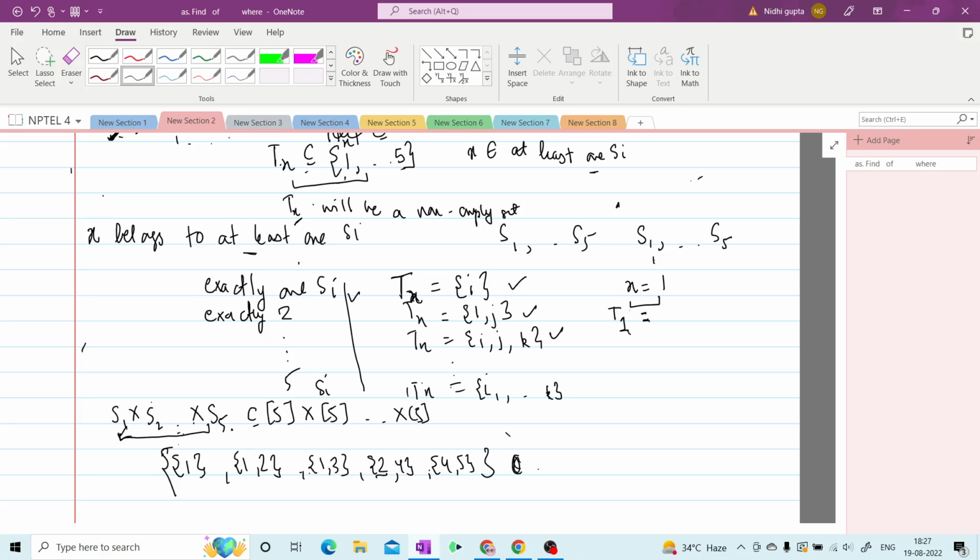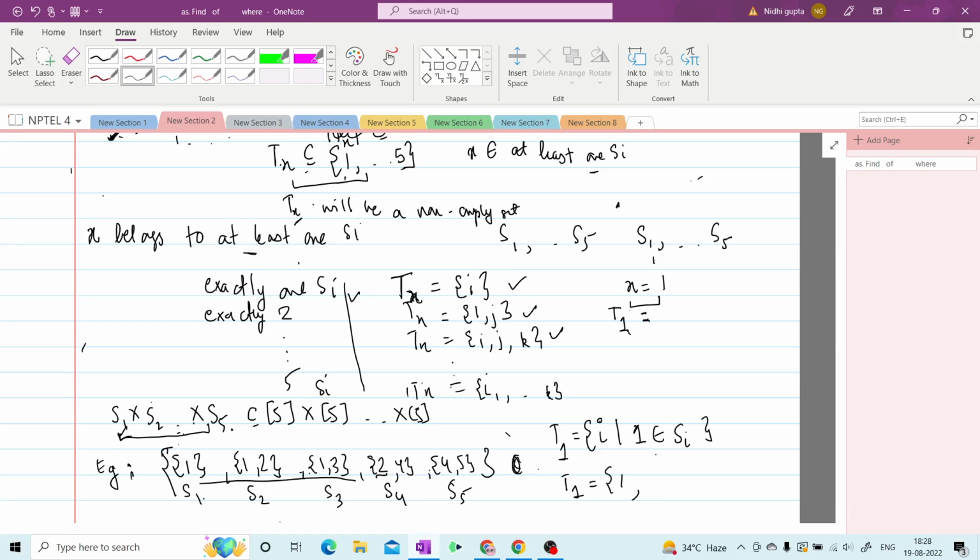So here what is T1? In this example, what is T1? This is my S1, this is my S2, this is my S3, this is my S4, and this is my S5. T1 is basically all those i such that 1 belongs to Si. You're right, 1 should be there, but what else?